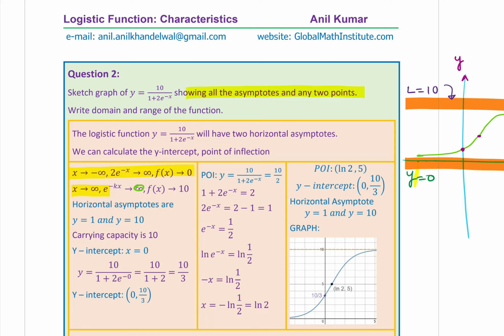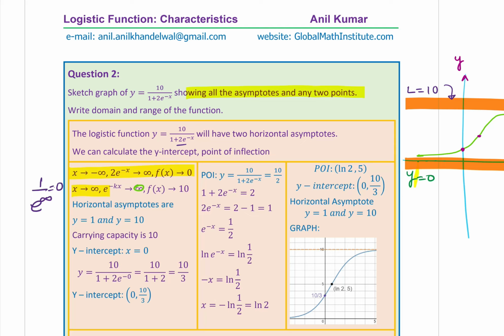E to the power minus kx, right? So when you put infinitely large, it becomes 1 over e to the power infinity, right? And so that approaches 0. Clear? So therefore, this particular term approaches 0 in the denominator, and therefore f of x approaches 10 in this particular case. Correct?